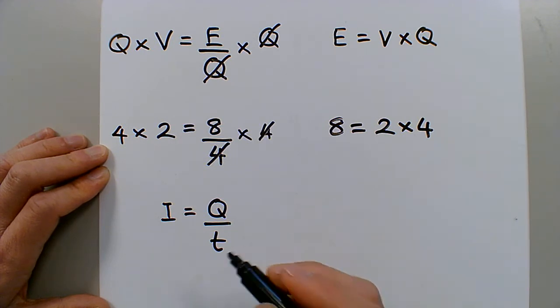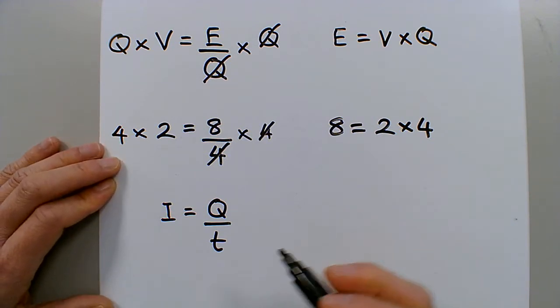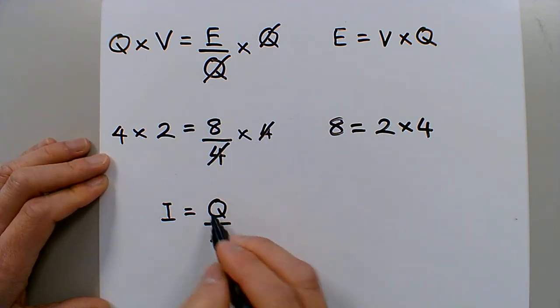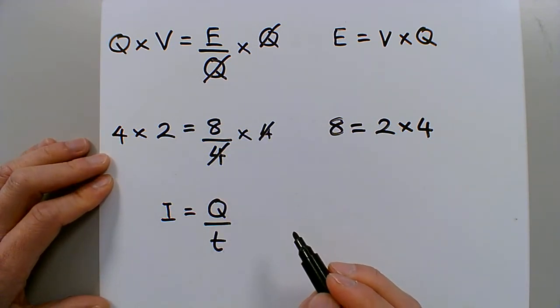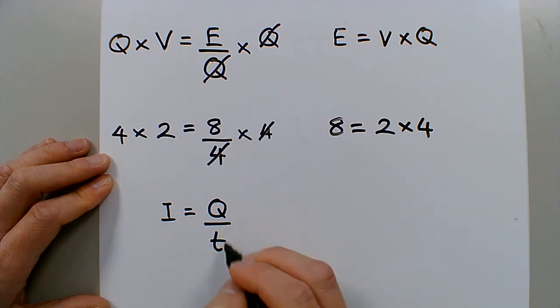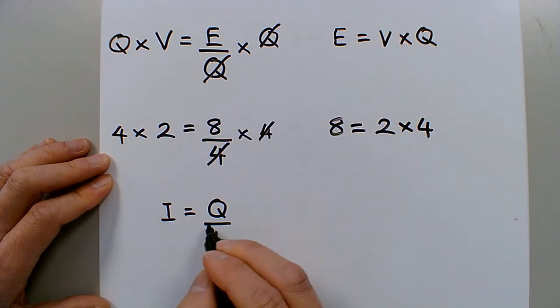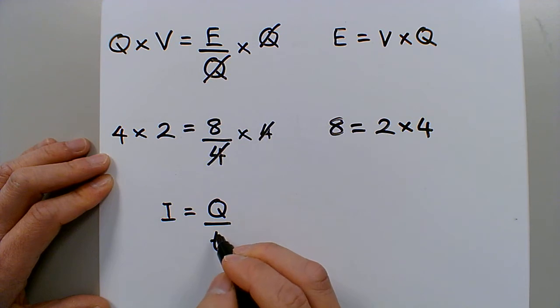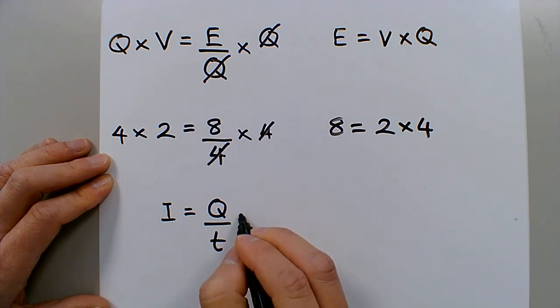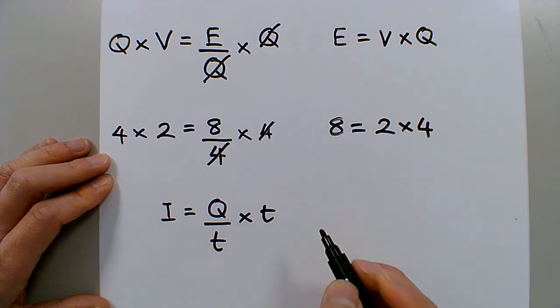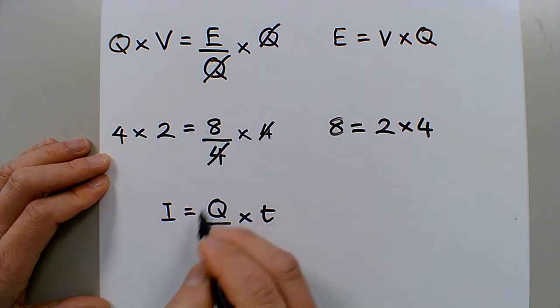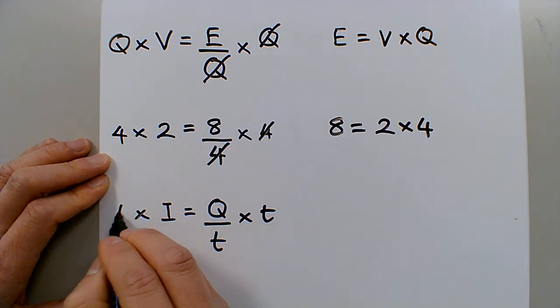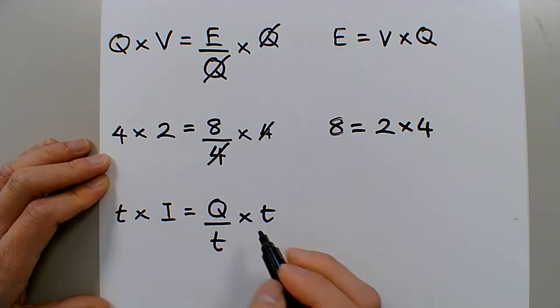Okay, so hopefully you would have had a go, and what we want to do is make Q the subject. We're trying to get rid of the T on this side, so whatever we do, we do the opposite. Here we've got division, so we're going to multiply by T, and whatever we do on the right hand side, we do on the left hand side.